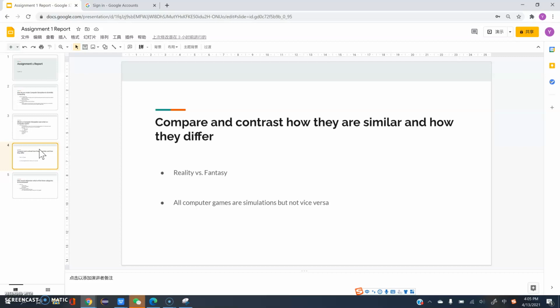The problem with reality as a means of separating simulations from games is that simulations themselves are never accurate reflections of reality, but always reflect someone's model of reality. That is, all simulations are biased.